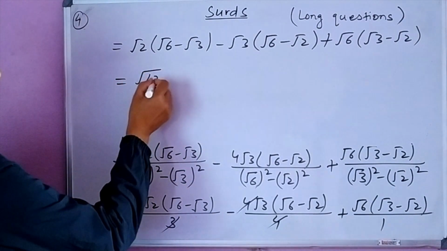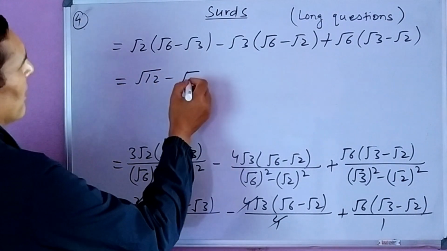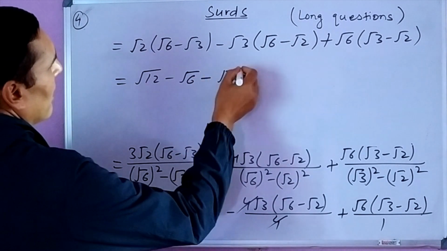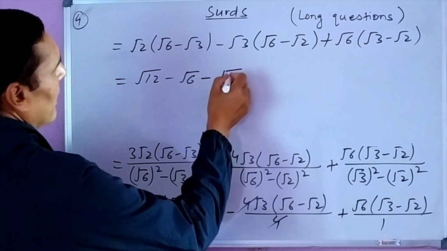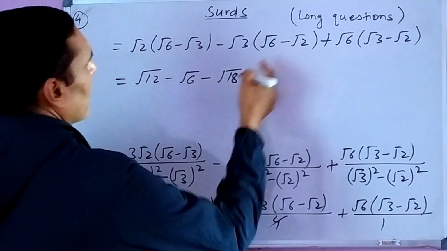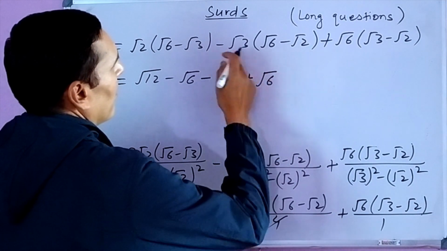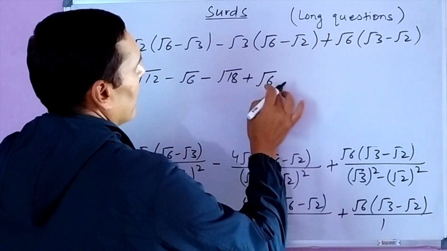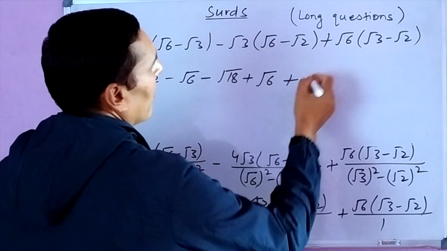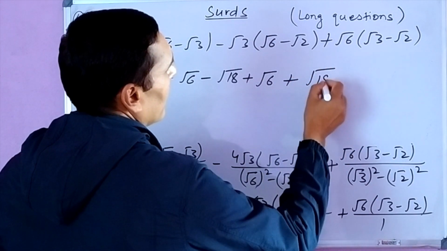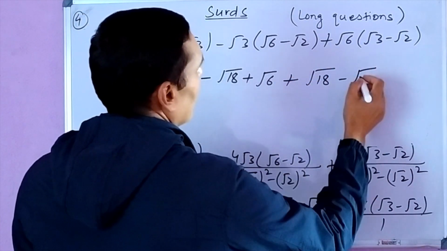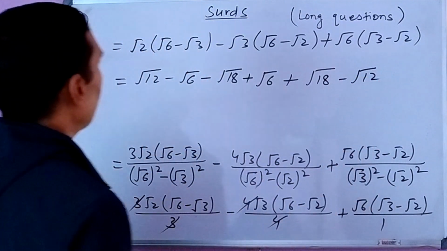It is under root 12 minus under root 6 minus under root 3 into 6, 18 minus minus plus root 3 into root 2, root 6 plus 6 into 3, root 18 minus 6 into 2, root 12.